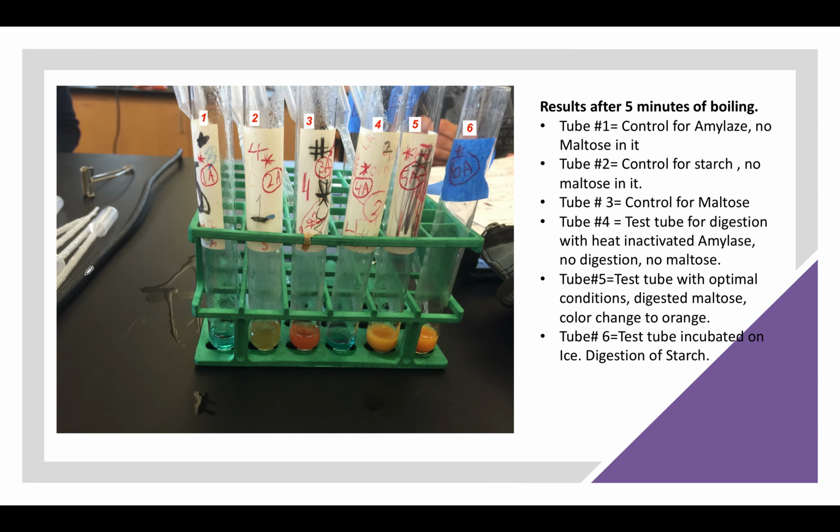Here again, this is a picture from our lab, and these are tubes number 1, 2, 3, 4, 5, 6. Usually our tubes are labeled 1A, 2A, 3A, 4A, 5A, 6A. The first tube, if you remember, had amylase in it. Is there any chance that there is maltose in it?